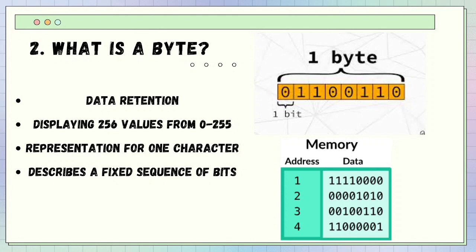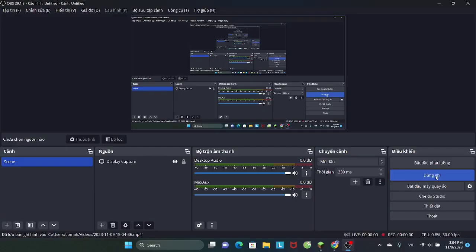A byte represents 256 state values of information, from 0 to 255, and a byte represents only one character. 10 bytes equal nearly one word and 100 bytes equal about one sentence.